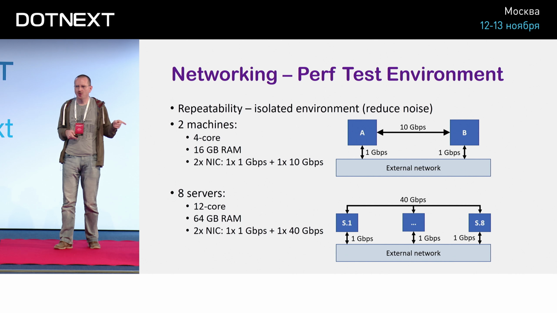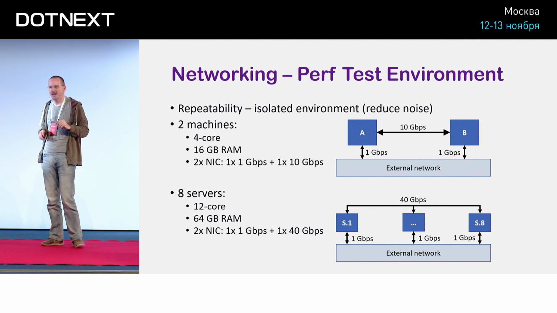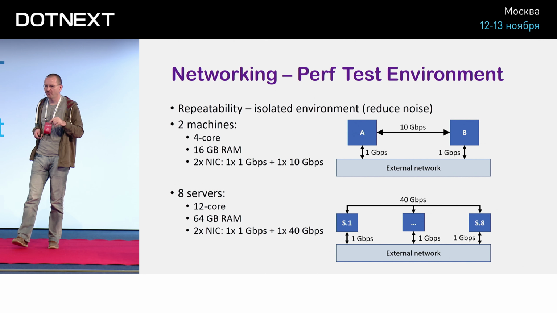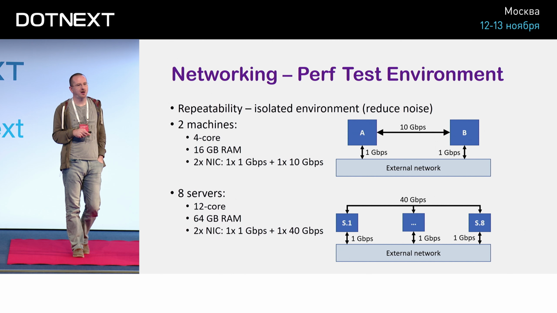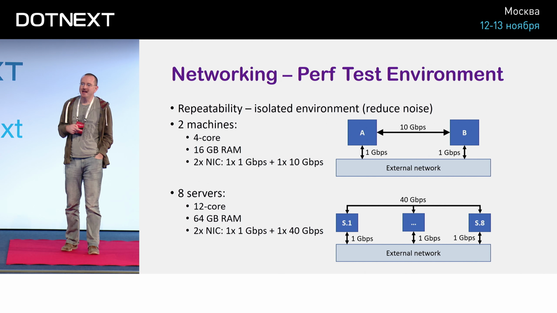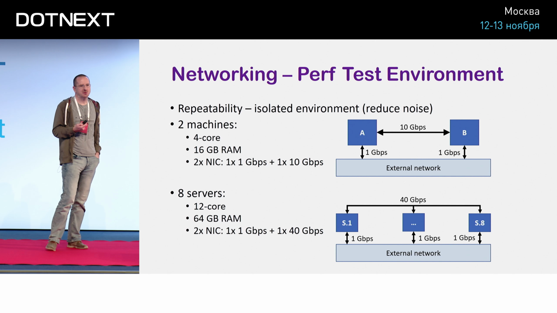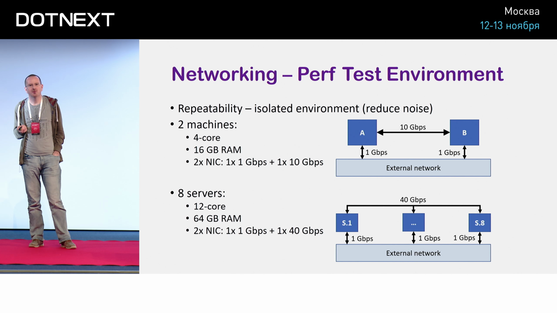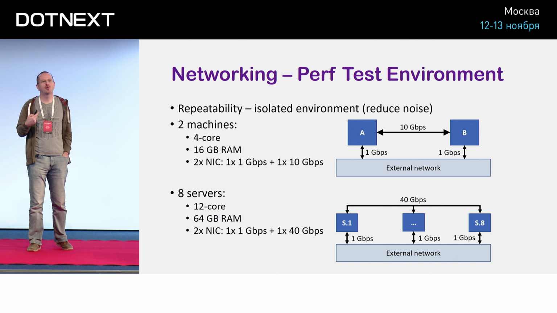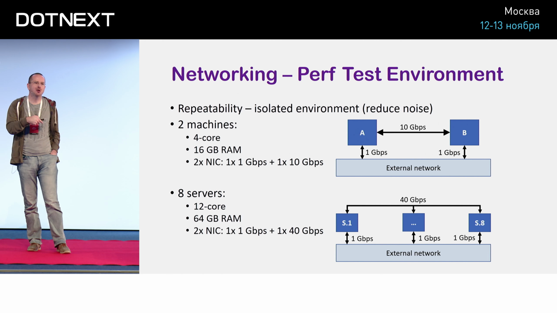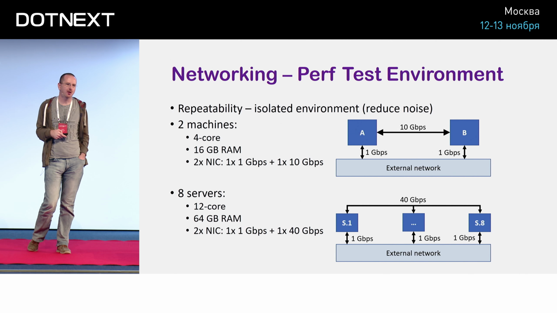And actually, now in November, we're going to get a cool 8-server setup with 12-core machines. It's going to be lots of fun, especially with a 40 gigabit networking card. Again, isolated networking. It doesn't mean that we expect that many customers will run with 40 gig networking, but if we want to be bulletproof and design for the future, we want to be able to see how we scale up to even those high numbers.